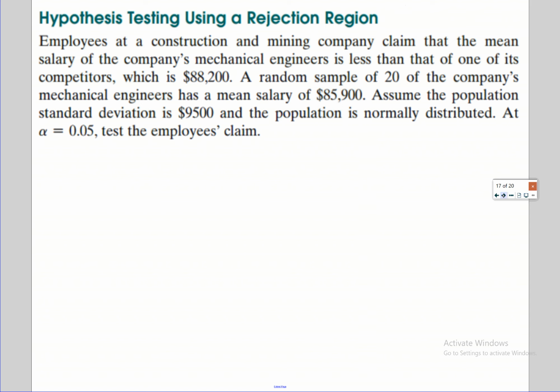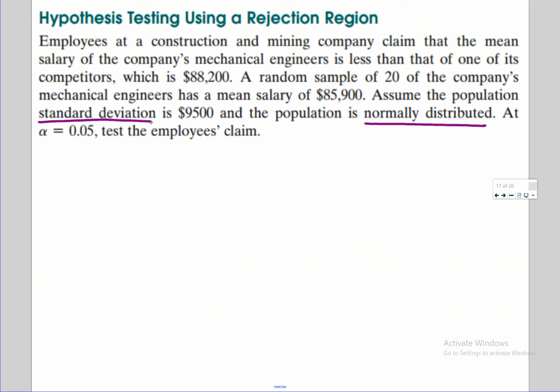Before I go anywhere else, I need to first look at, is my population normally distributed or is my sample size bigger than 30? It's normally distributed. Check. The next thing I want to look at is my standard deviation, because for right now it really doesn't make a difference, but when we get into the next section it is going to.